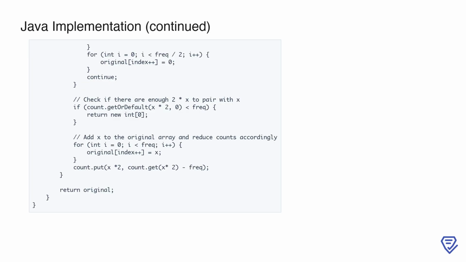After adding x, we reduce the count of 2*x in the map by frequency, because those values have now been used to pair with x. This process continues for all numbers in the map. Finally, once all numbers are processed, we return the original array, which represents the undoubled version of the input array. This ensures that the logic is complete and the array is reconstructed correctly if valid.